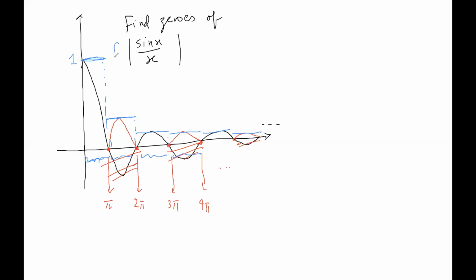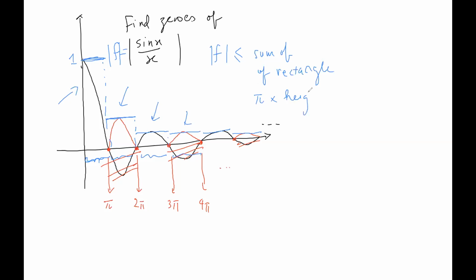So now I know that my f, sorry, this is the absolute value of f, okay? My absolute value of f is actually bounded by the sum of rectangles, right? So rectangle 1, rectangle 2, rectangle 3, and so on. The area of each rectangle is pi times the height.